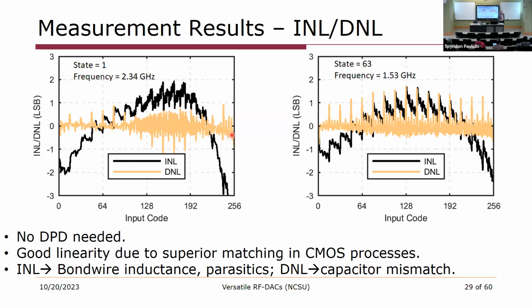The INL and DNL stay pretty constant across the range of operation, whereas most linear amplifiers are going to saturate at some point. Ours work all the way up to the maximum code, and then they stop when we can't iterate the code anymore. We can't deliver any more power, so they don't saturate. They just stop increasing.